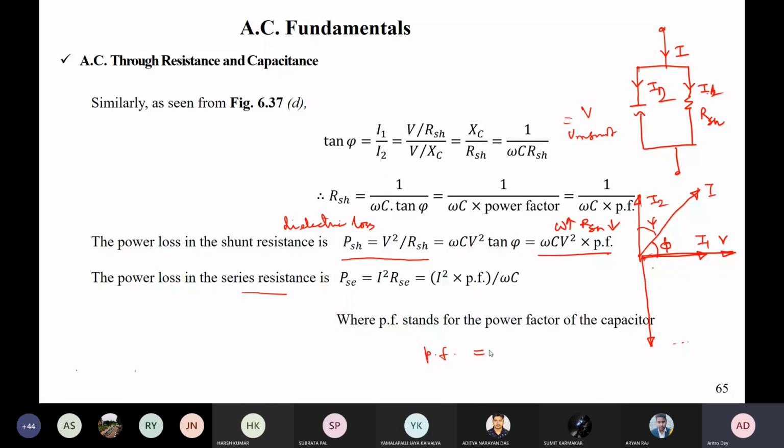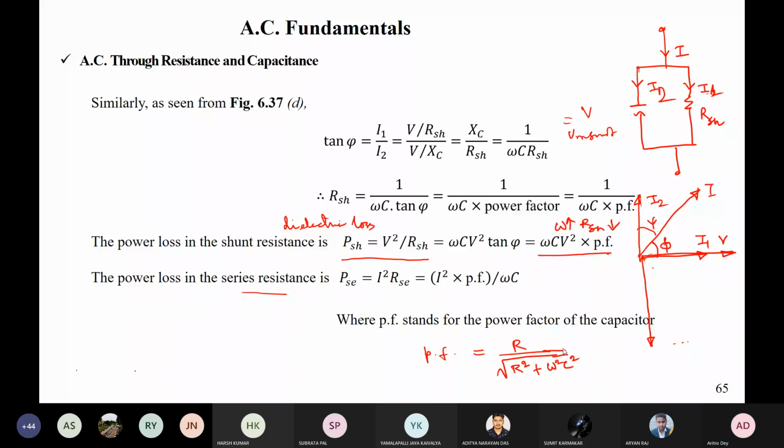This is equal to R by root over R square plus 1 by omega square C square. So this is how you can get the expression for the dielectric loss in case of a capacitor.